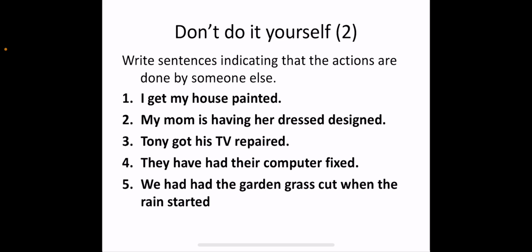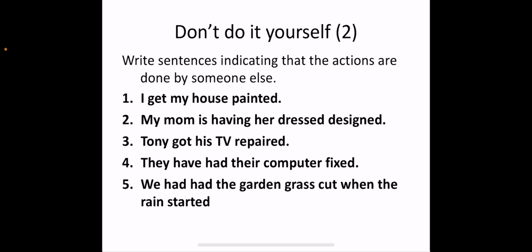Tony got his TV repaired by the company. They have had their computer fixed by a specialist or a technician. And we had the garden grass cut when the rain started by my father or by the gardener.